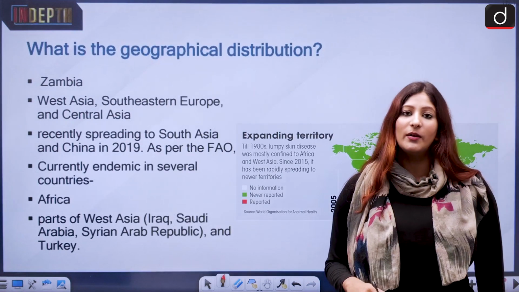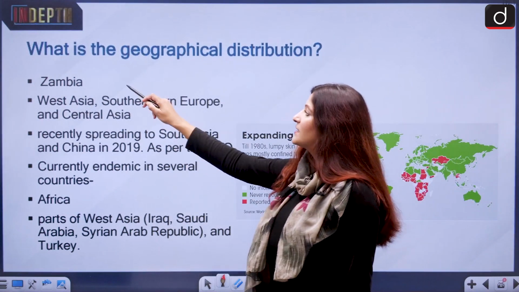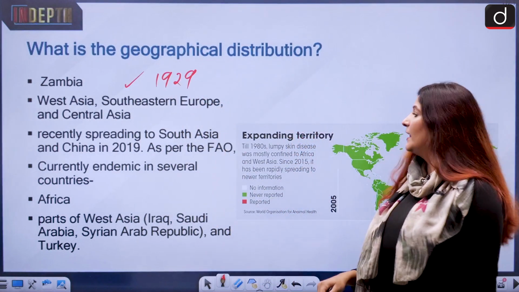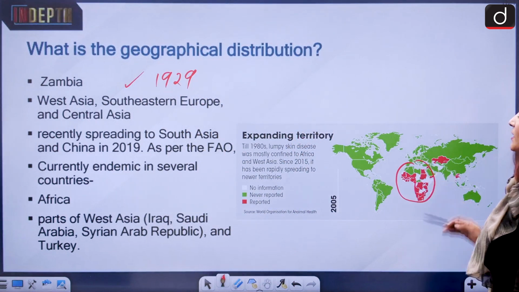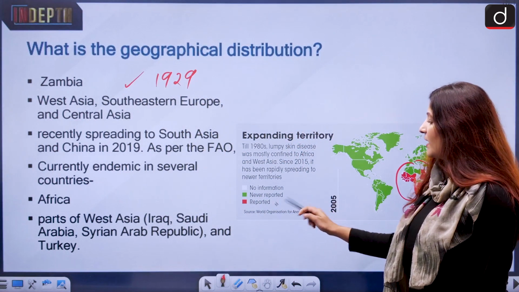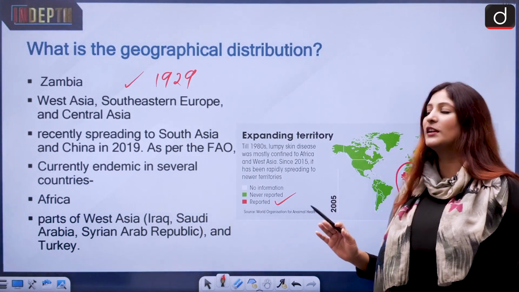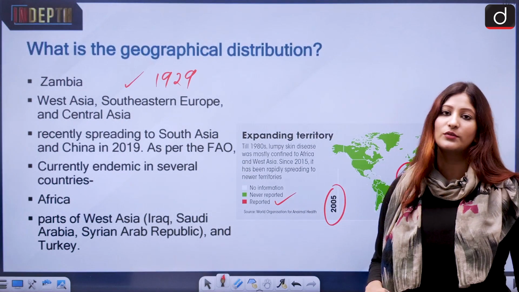Apart from that, if we talk about the geographical origin and the spread, it originated in Zambia in 1929, a country in Africa. And then it spread to many other countries in Africa. See, the red ones are where the lumpy skin disease was earlier reported, green ones where no report was done. So this is the scenario of 2005.